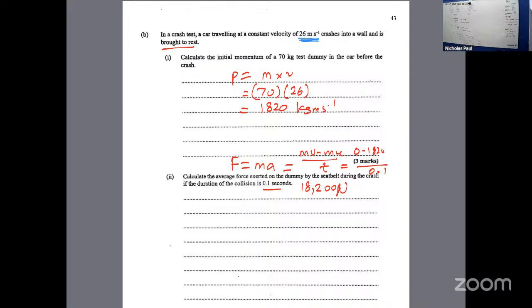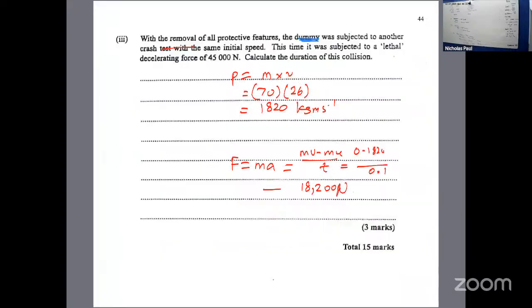Yeah, that's Newton. And the last part, what was the last part? The last part is this.